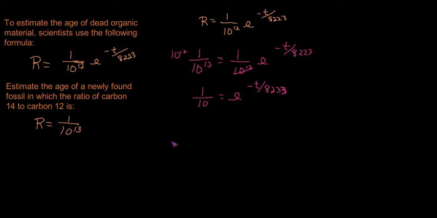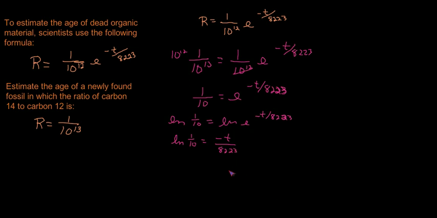So we're going to do a natural log of 1/10 equals a natural log of e raised to our exponent here, negative t over 8223. On this side, we're not going to change anything. We get natural log of 1/10. On this side, again, we have a base e and an e, so our exponent can come down for simplification. So we get negative t all over 8223.